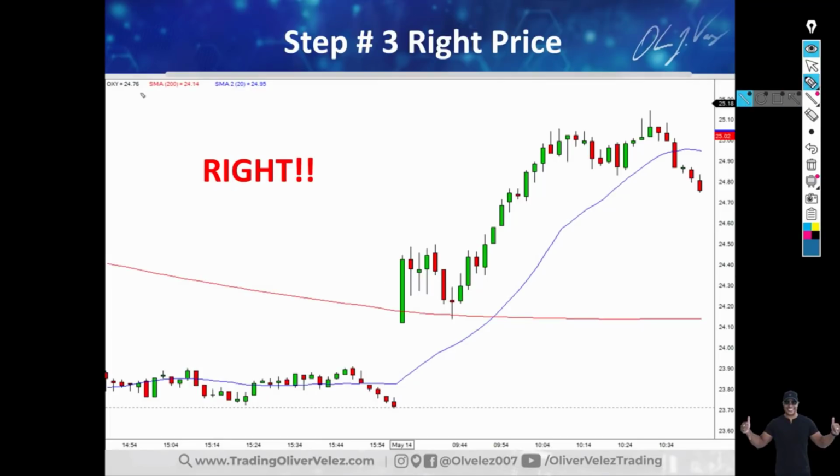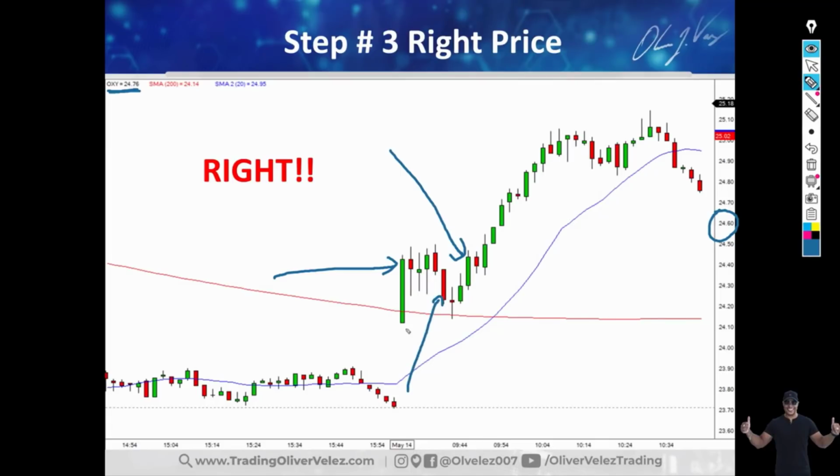So let's take this stock. This is Occidental Petroleum. It is in the mid $20 range. Its solid bars are like that. Even this red one is a fat solid bar.